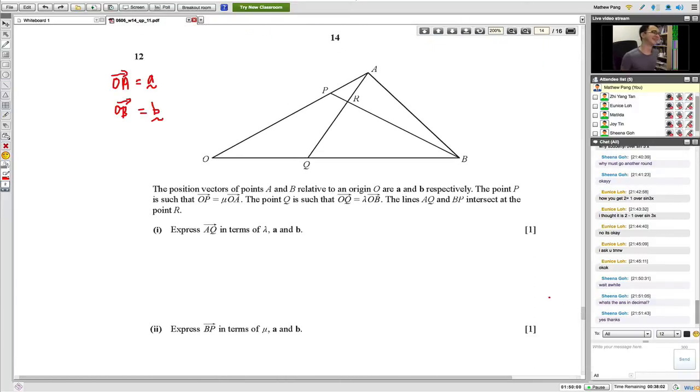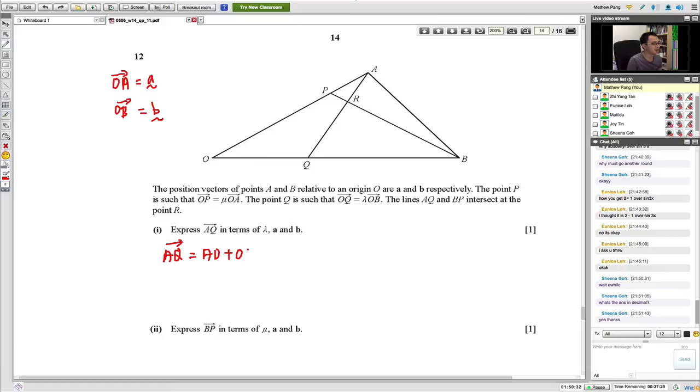The question gives us OP equals mu a, and for the point Q, OQ equals lambda OB. And then AQ and BP intersect at R, so they both intersect at R, nothing very special. First, the question asks you to express AQ. It's very easy. AQ equals AO plus OQ.